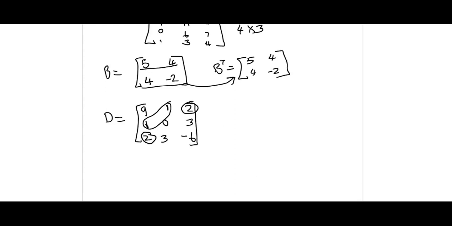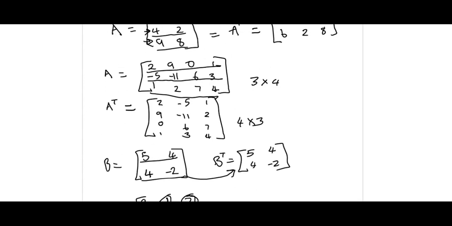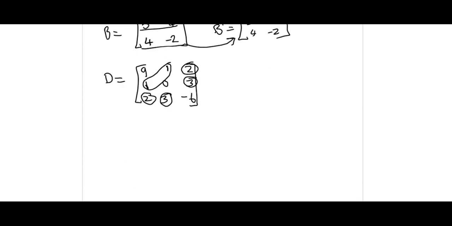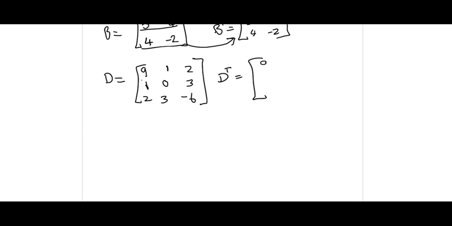Opposite entries are the same. Okay. So if I have the transpose of this matrix, 9, 1, 2, 1, 0, 3, 2, 3, -6. So it's as if we are just repeating it, but actually the transpose of D is this and they are the same.